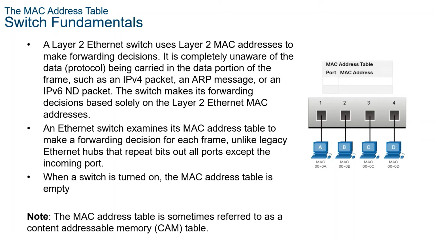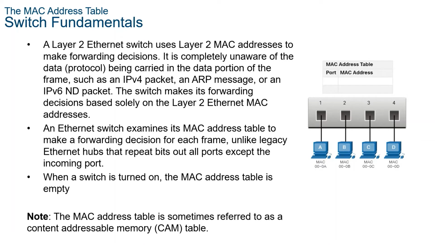A layer 2 Ethernet switch uses layer 2 MAC addresses to make forwarding decisions. It is completely unaware of the data or protocol being carried in the data portion of the frame, such as an IPv4 packet, an ARP message, or an IPv6 ND packet.